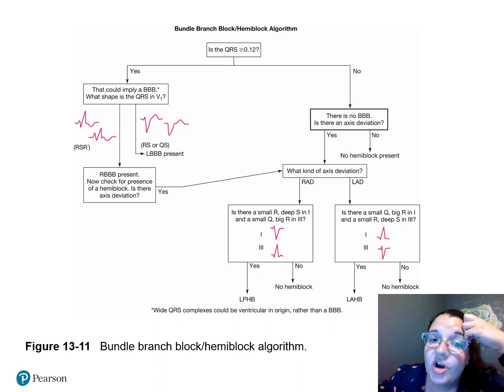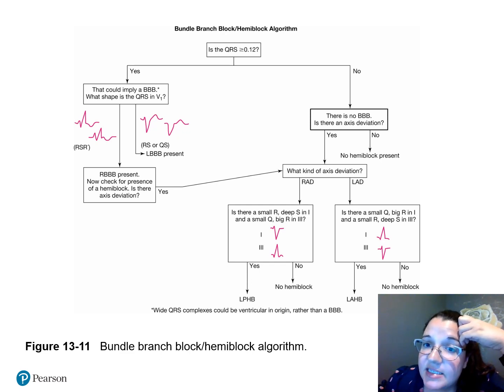Do I have R prime and is my T wave opposite? Or do I have no R and my T wave is opposite? If I have R prime and my T wave is opposite, I could have a right bundle branch block. But if I have a negative QRS and the T wave is opposite, I could have a left bundle branch block. But what if my QRSs are normal in V1? I could possibly not have a bundle branch block.